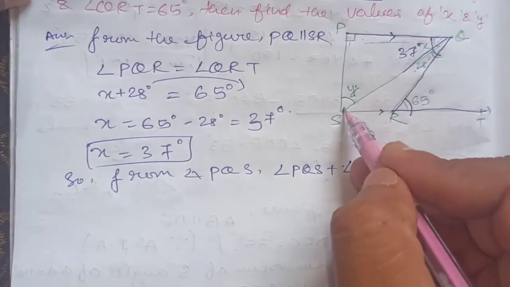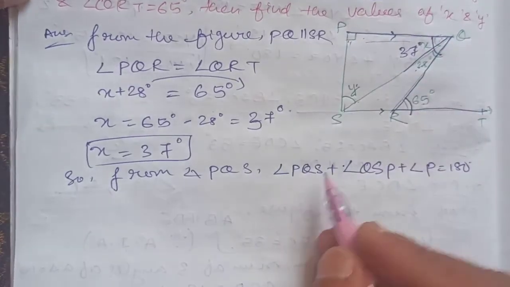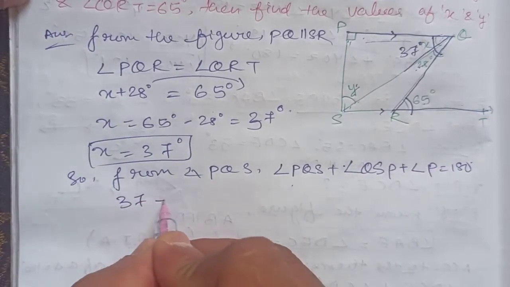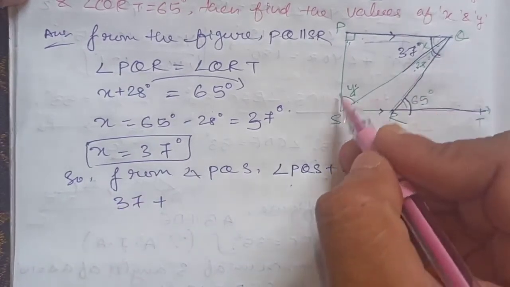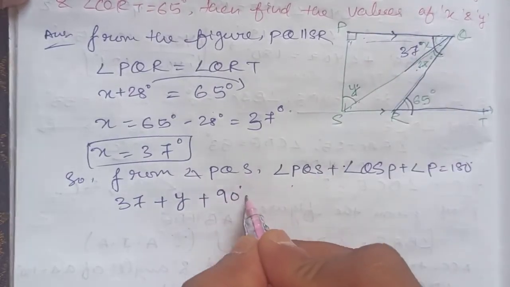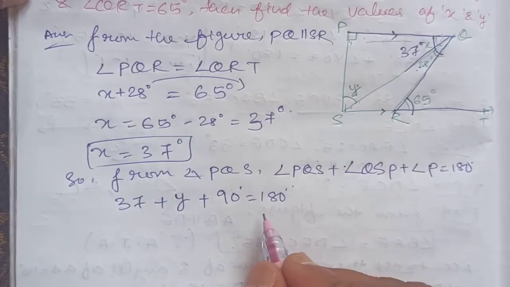This angle plus this angle plus this angle is 180 degrees. PQS is 37, so I am writing here 37 plus QSP, which is Y. Angle P is 90 degrees, equals 180 degrees.